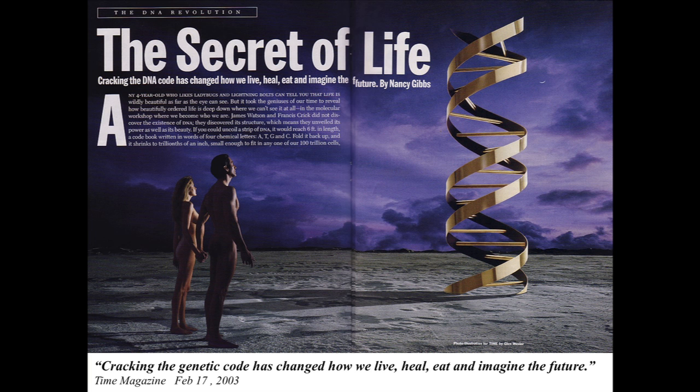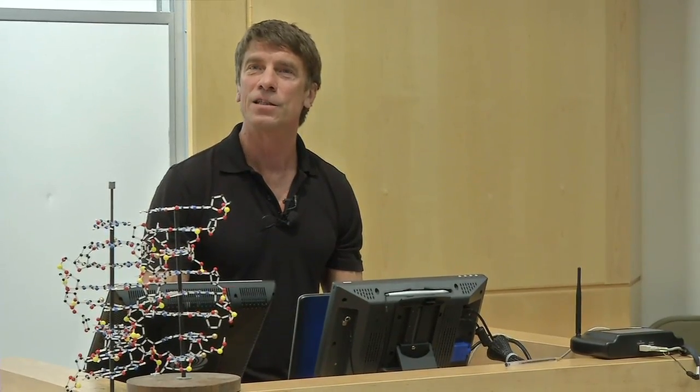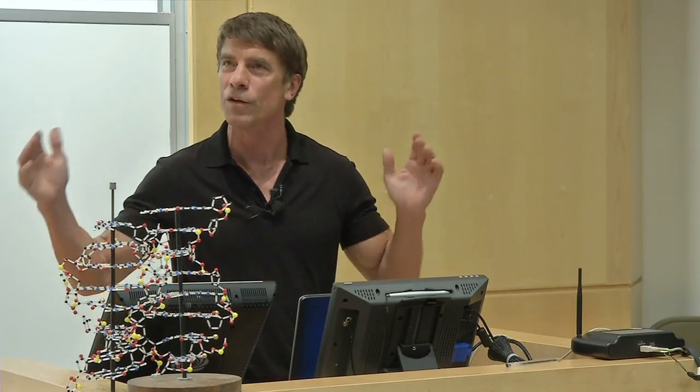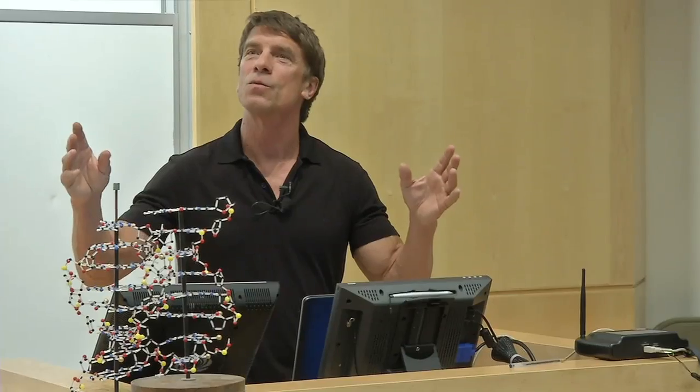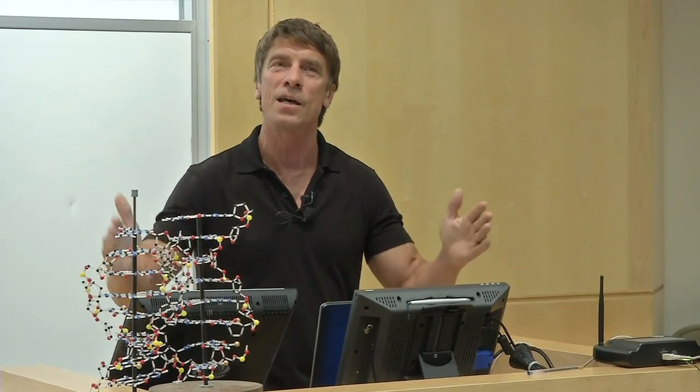And it was also commemorated in Time magazine with this article, where the title was The Secret of Life. And this was actually Francis Crick's comment to what one of the people of the press asked him that they had discovered. And his answer was, the secret of life. That was what he could say about the structure of DNA.